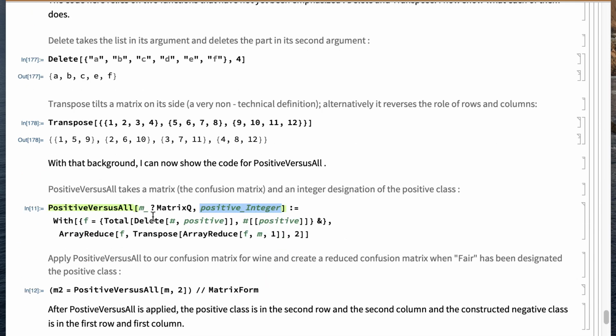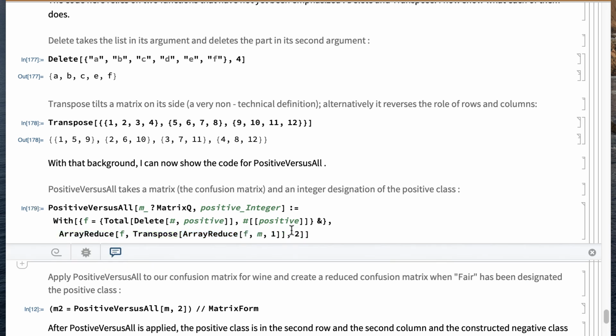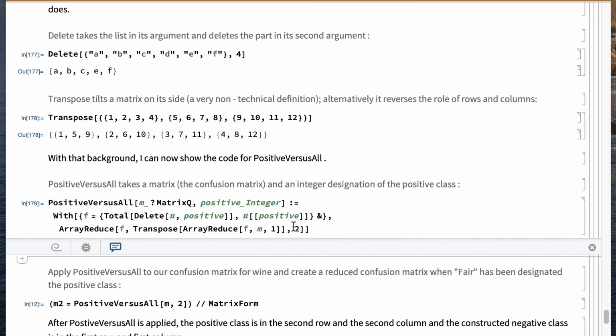Then it has this function which says add up everything that's not in the positive class, and then just get what's in the positive class and make a list out of that. And I'm going to reduce the confusion matrix according to that function f along the first axis. I'm going to flip it on its side, and then do the exact same thing, but this time on the second axis. You can play with that and see how it works, or you can just trust me that it works.